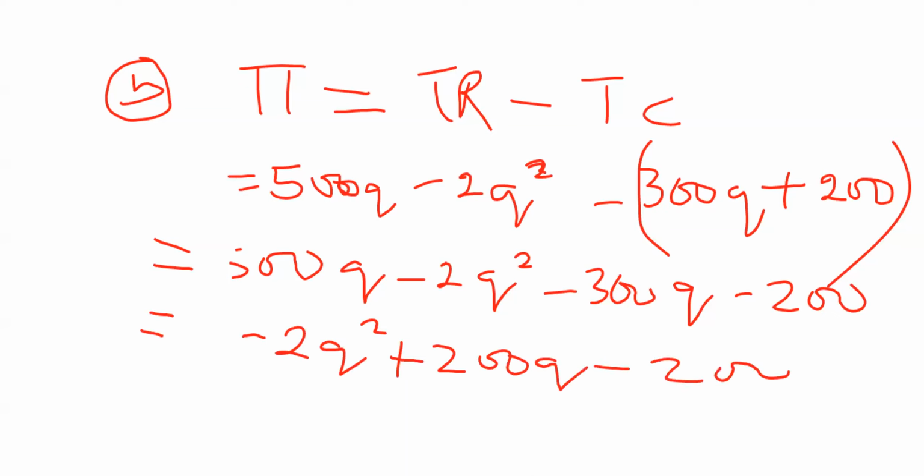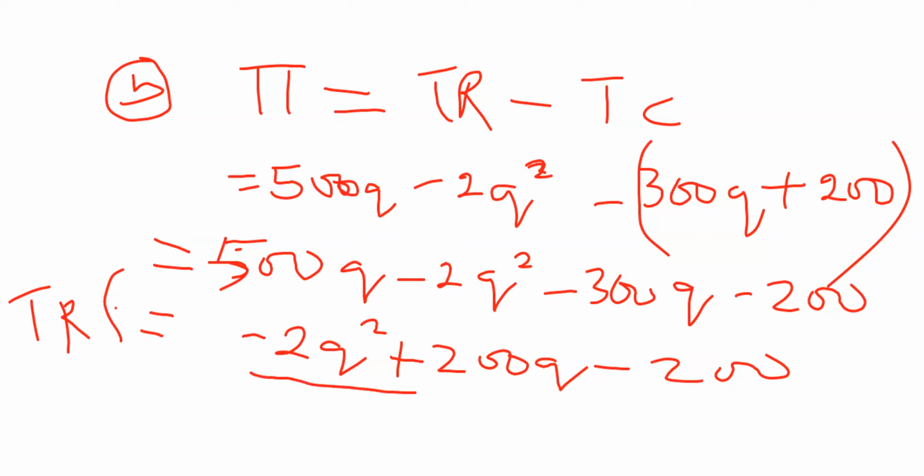So this is what we call the total profit function. Wait, there's no 200q there, it's 300q. Okay, 500 minus 300, that's 200. Now I have to subtract, that's what I tell you. From our addition, subtraction and multiplication of polynomials, very important. So is it clear now? Yes. So that's the answer.